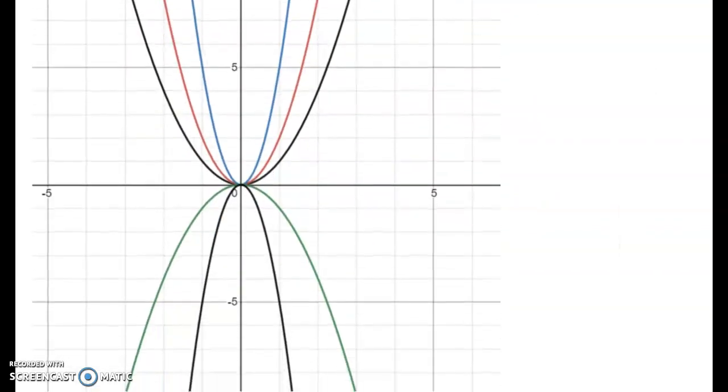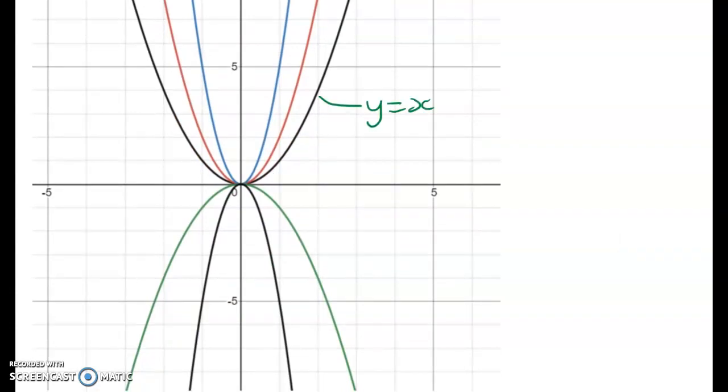If you put all of those onto one graph, you can see how the scale factor is affecting the curve. Remember this one here is my basic one, y equals x squared. So far this year, mostly what we've worked with is just the algebra and not the graph, but we're starting to link those things up now. As this number gets bigger, my parabola gets squeezed in more.